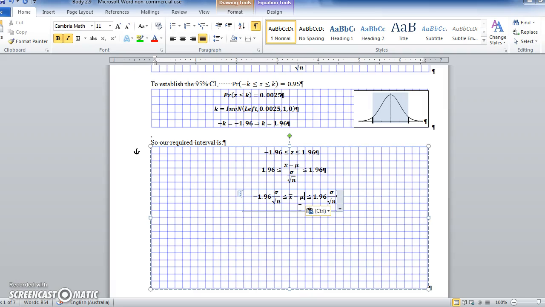So there's no difference. We get a sigma on root n there. The sigma on root n in the denominator here disappears, and we get another sigma on root n there. I'll just make a note of that: what we're doing is multiplying by sigma divided by the square root of n.